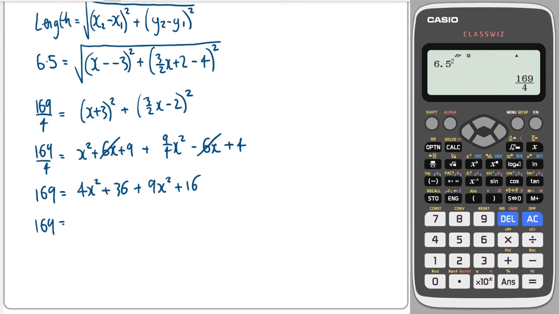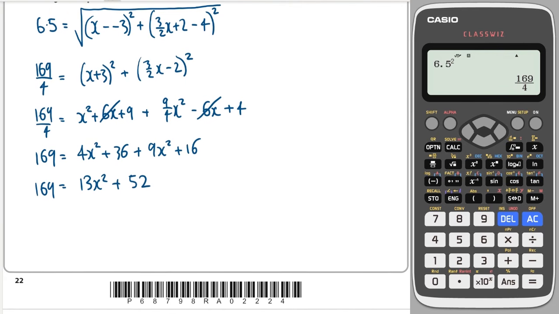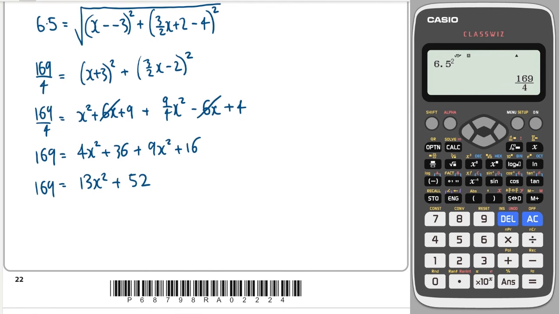So I get 169 is equal to 13x squared plus 52. And all of these are divisible by 13. So that gives me 13 times 13 is 169. That gives me x squared, and that gives me 4. So great, this tells me that x squared is equal to 9. So x is equal to plus or minus 3.